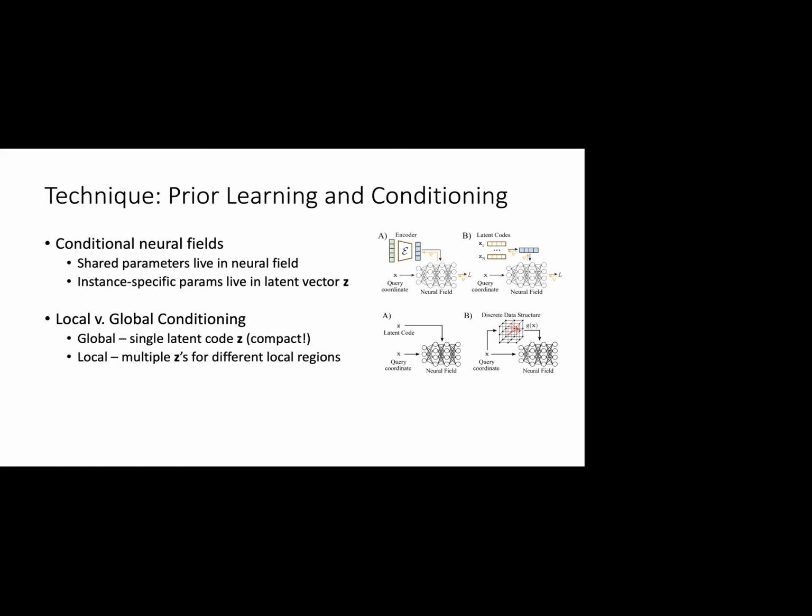With local though, basically the idea is you have some kind of discrete data structure, a bounding volume hierarchy or something where you have a bunch of cubes that enclose different areas. And you traverse your discrete data structure, you find the appropriate box, you pull the neural network out of that box, and that's your encoding.